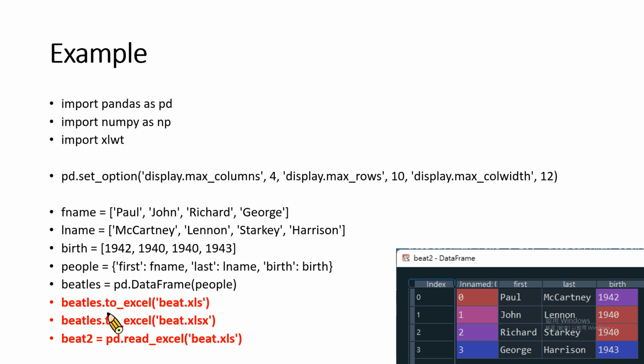And here we use to_excel to write the data frame to the Excel file. So you can write it to an XLS or XLSX file. And we can use read_excel to read the Excel file into a data frame.